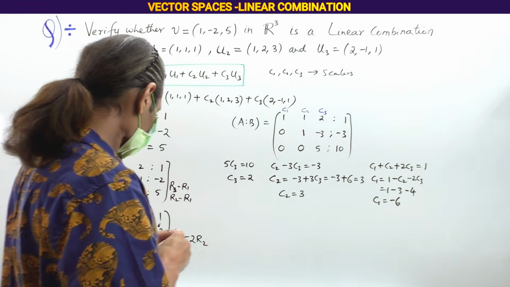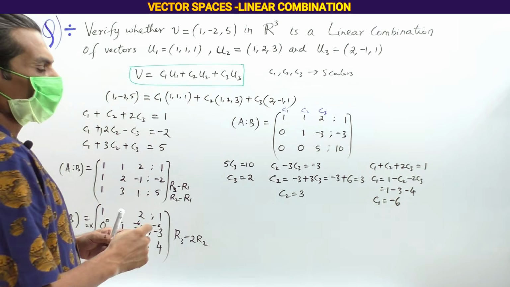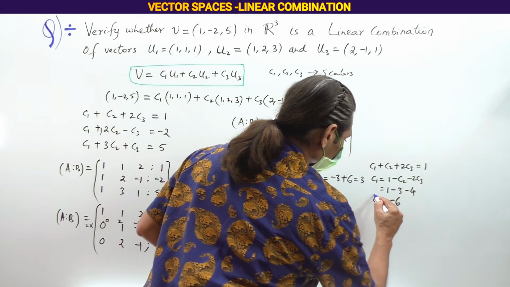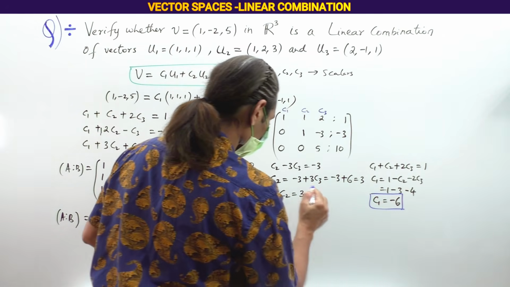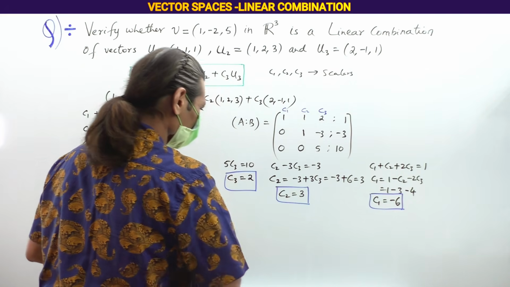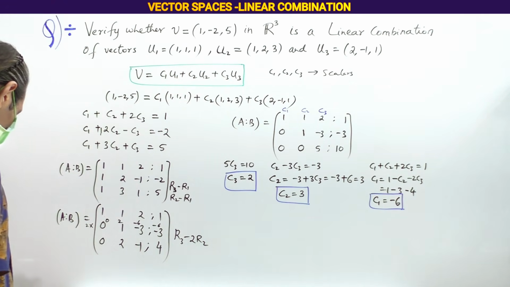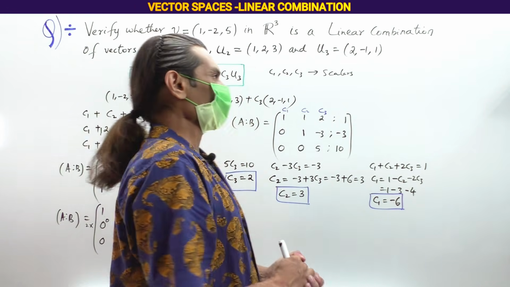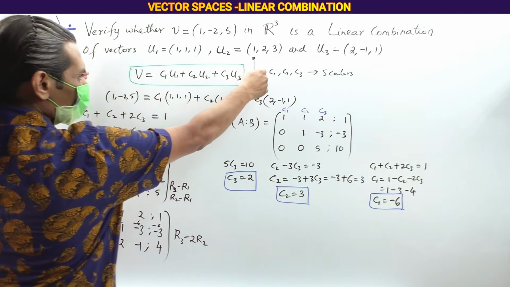That's it. So we found the values of C1, C2 and C3. C1 is minus 6, C2 is 3 and C3 is equal to 2. That's all. We have found the values of all the scalars.